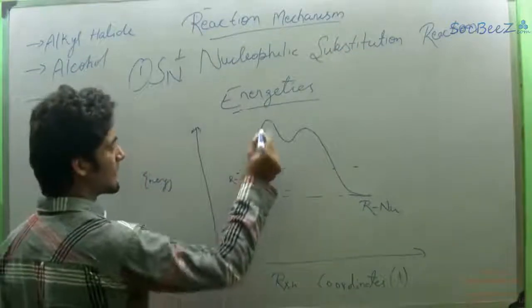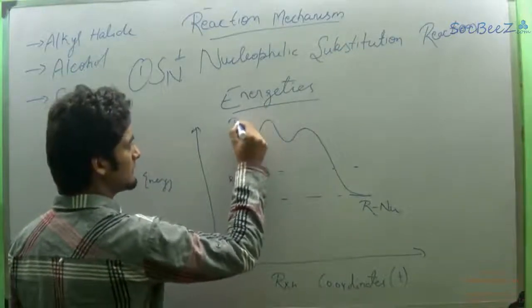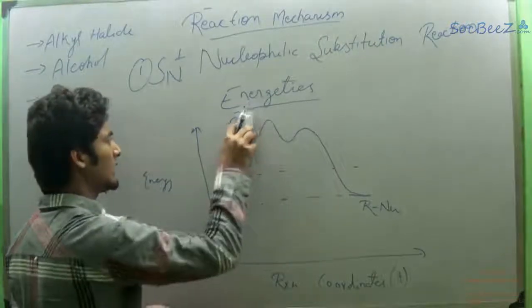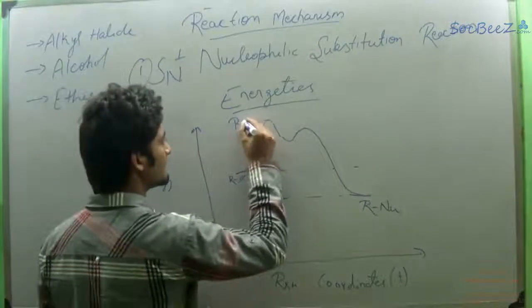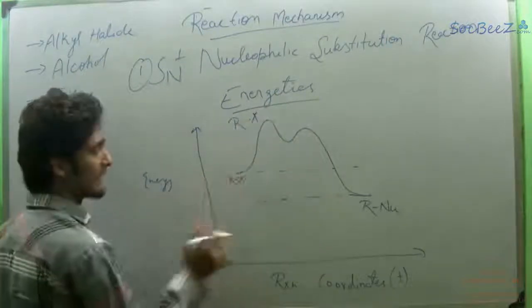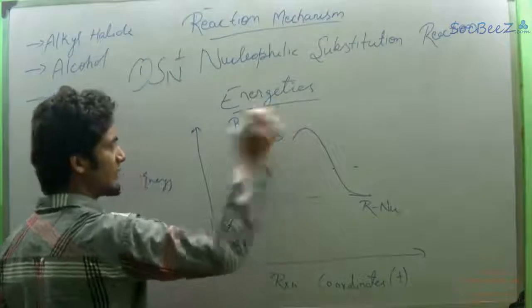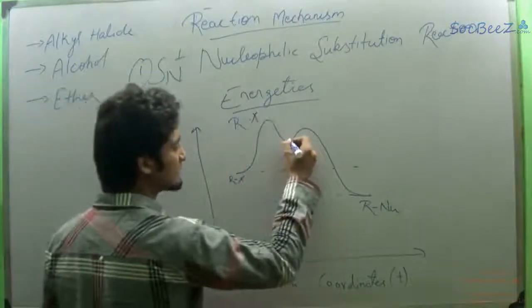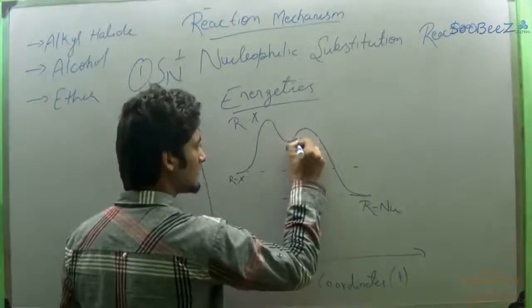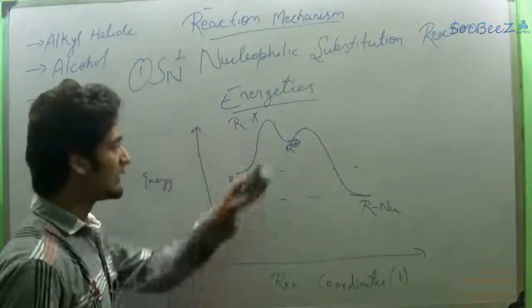So the first one is the departure of the alkyl halide. See, this bond is being broken, and once this energy barrier is crossed, we'll get a stable carbocation intermediate in this valley.